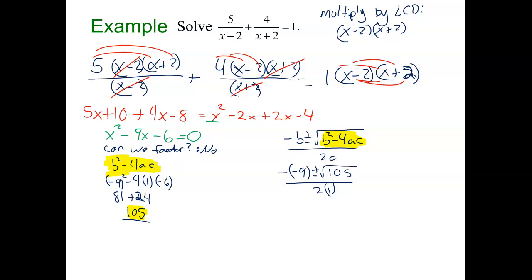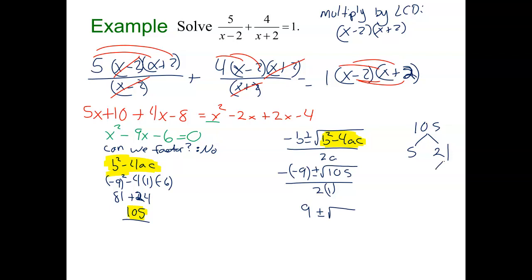Okay? If I have negative 9, what does that simplify to? Positive 9. Can I simplify the square root of 105? By what? So if you split 105 into 5 and 21, can I square root either of those?